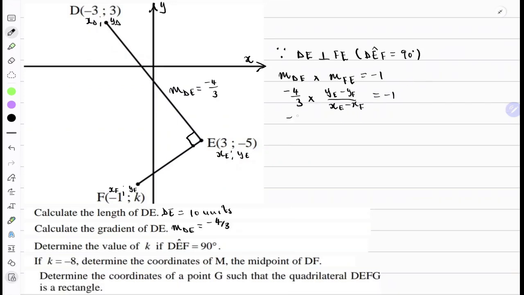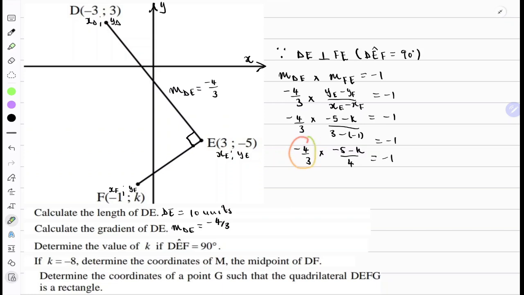So now we can substitute -4 over 3 multiplied by ye is -5 minus yf is k all over xe is 3 minus -1, and that should give us -1. So this is -4 over 3 multiplied by (-5 minus k) all over 3 plus 1 is 4, is equal to -1.